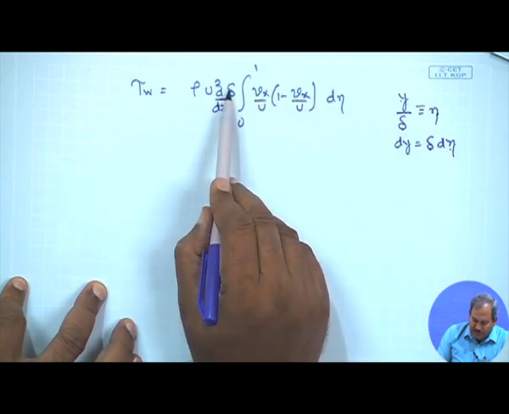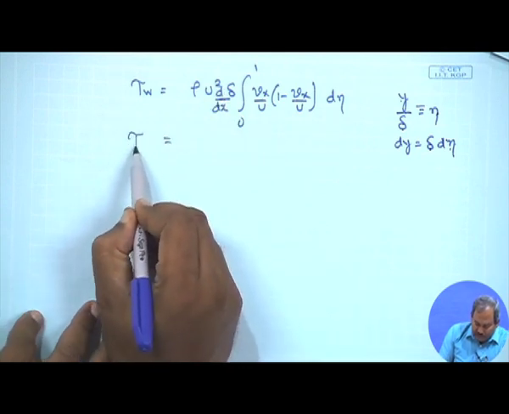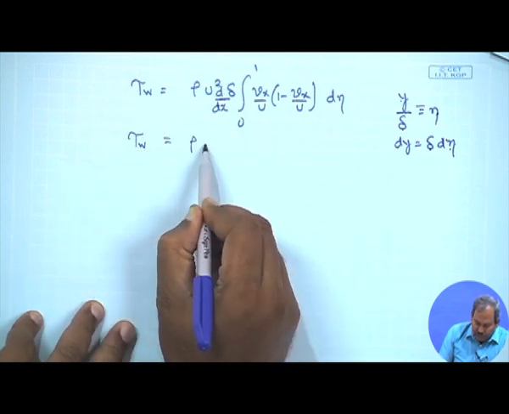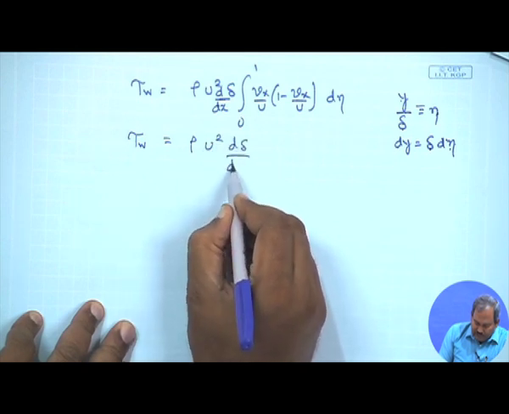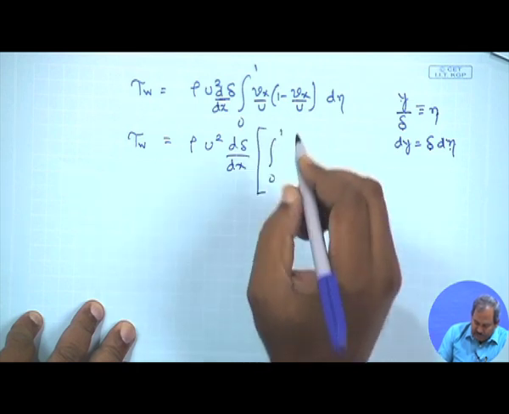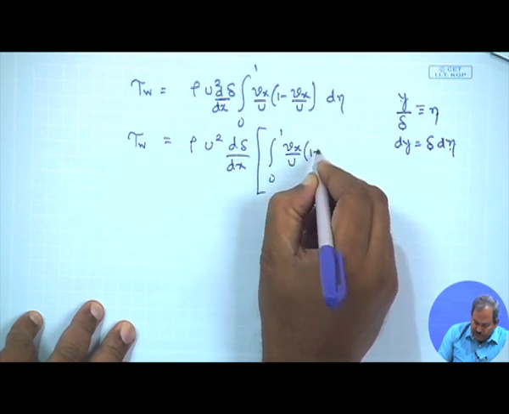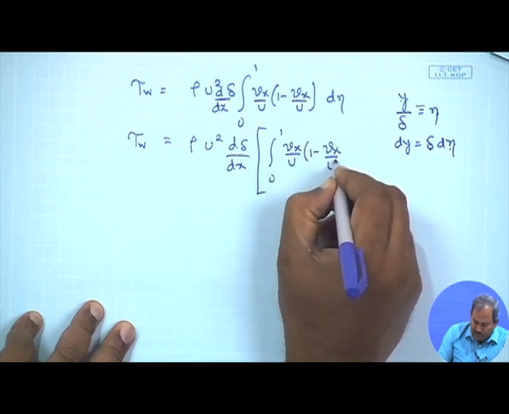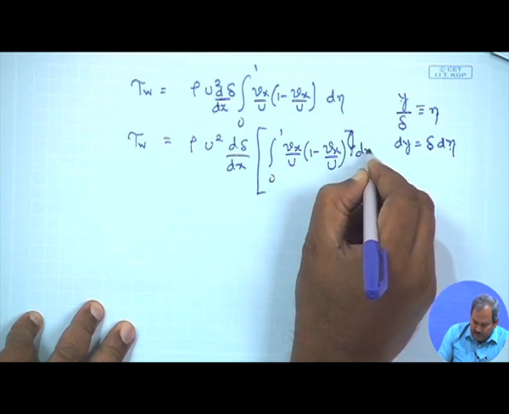So, delta can now be taken outside, and I would clearly write it as rho u square d delta dx, the integral from 0 to 1, let us put it inside a bracket, of Vx by u times 1 minus Vx by u times d eta.